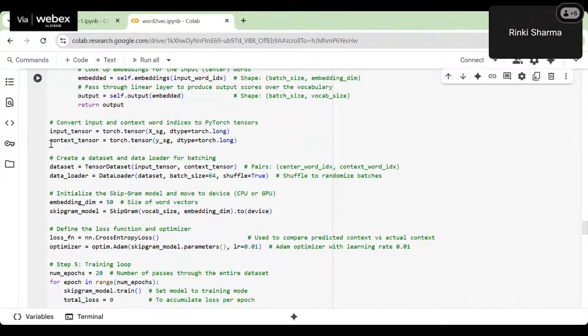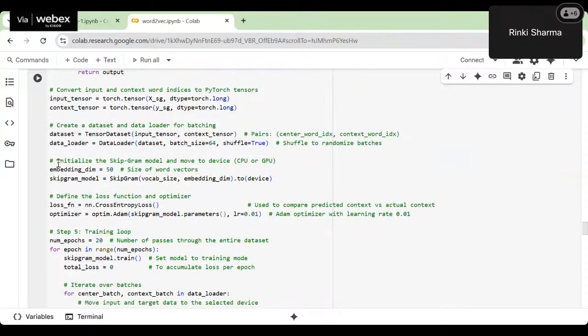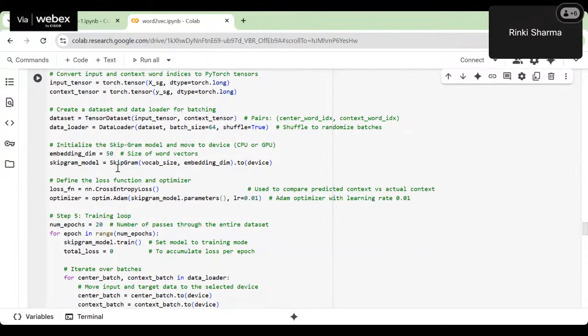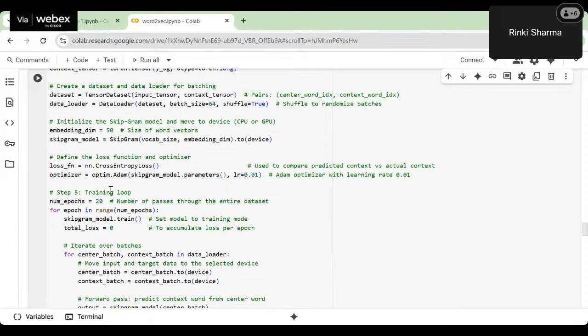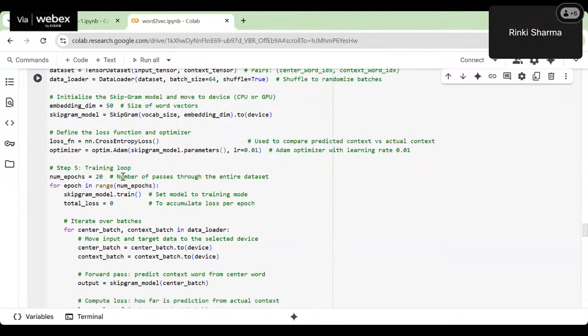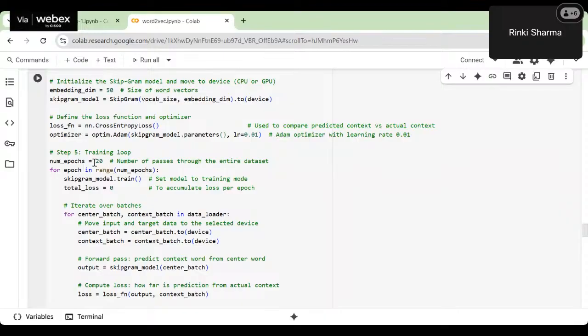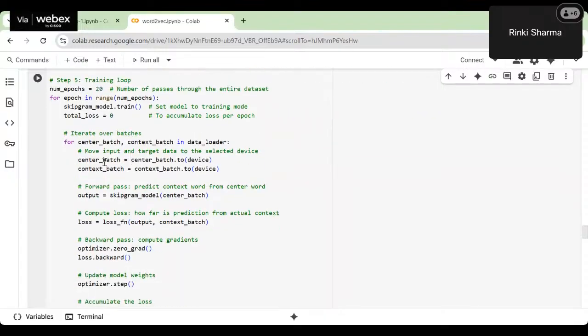Here we have created our text training data. Again, I took the embedding dimension as 50. You can increase it as per your requirement. The loss function is cross entropy loss. The optimizer is Adam. As skipgram is heavy to learn, we run the code for 20 epochs only.